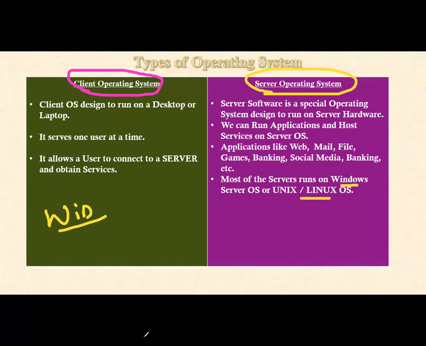Whatever servers are running on the internet, billions of servers, every application and every web server is running on a server operating system. In the majority of cases, approximately 85%, a web server will be running on a Linux server operating system.